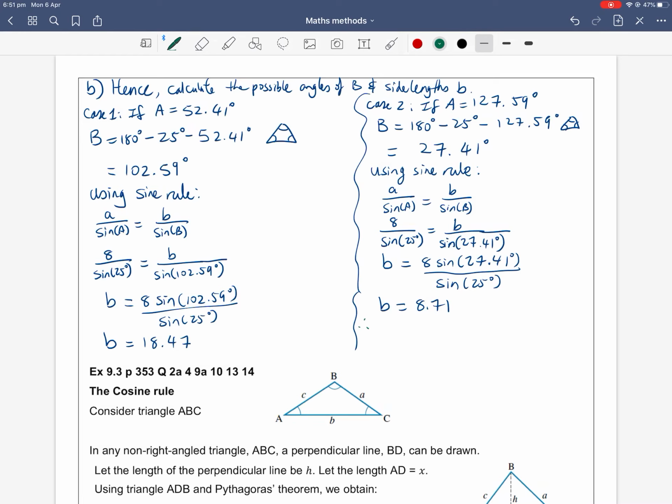So therefore we have two cases, right? Case 1, angle A is approximately 52.4 degrees, angle B is approximately 102.6 degrees, and also side length B is approximately 18.5 units long.